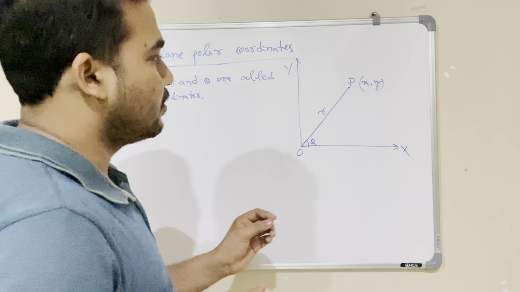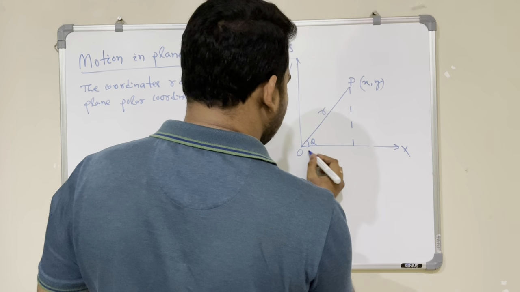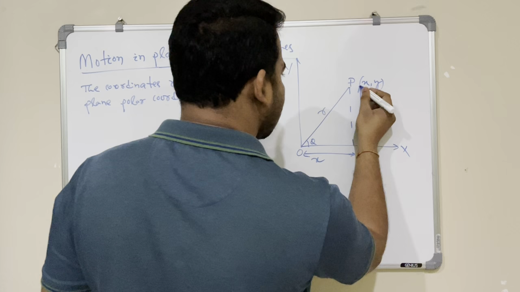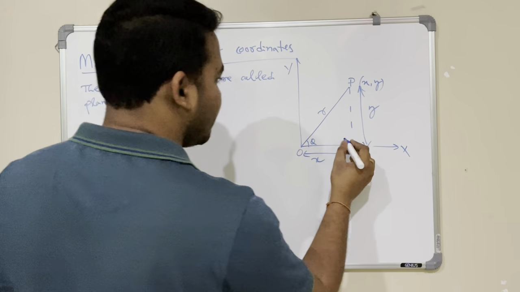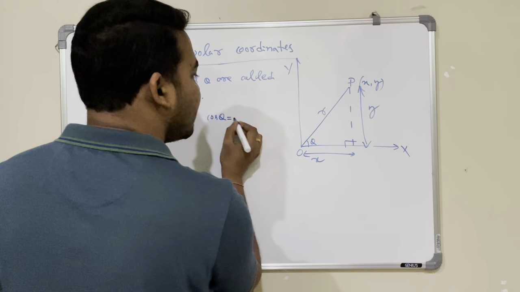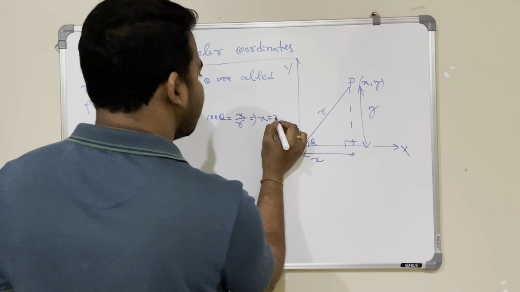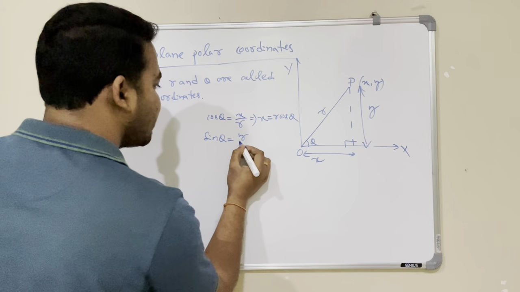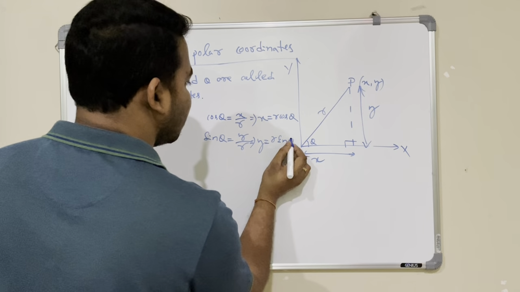Let's say this distance is x, and this distance is y. Here it is a right angle triangle, so we can write cos theta equals x divided by r, so x equals r cos theta. Similarly, sin theta equals y by r, that means y equals r sin theta.